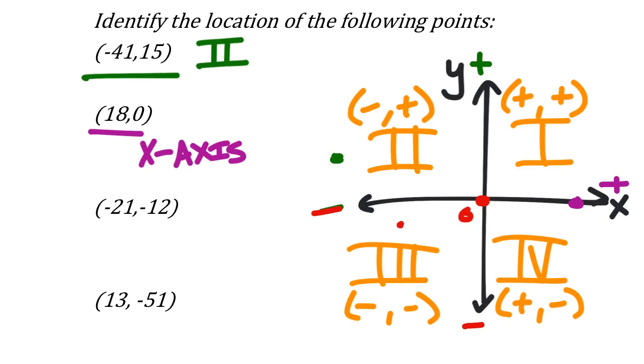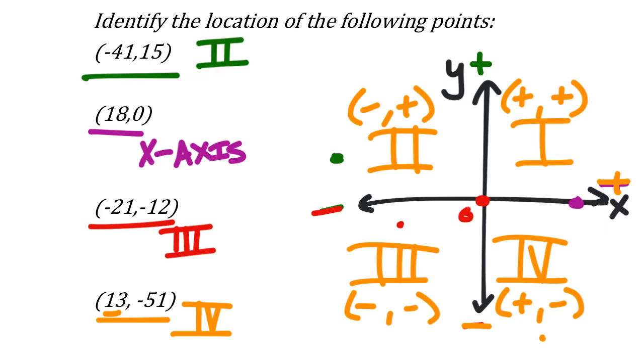And that shows that it is in quadrant 3. And finally, 13, negative 51, so that's positive for x and negative for y. Maybe somewhere down here, which shows that it's in quadrant 4.